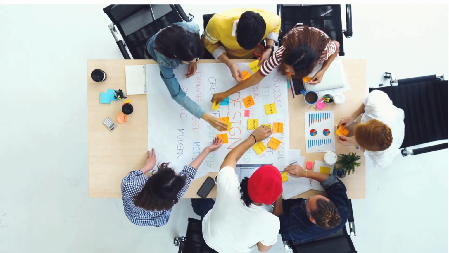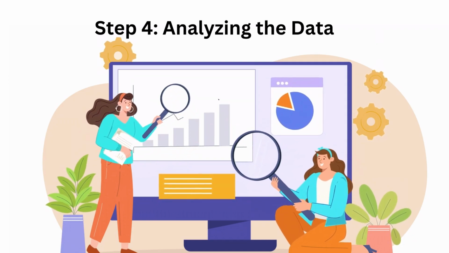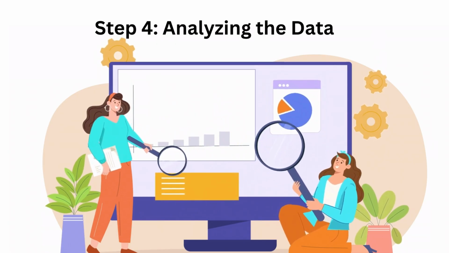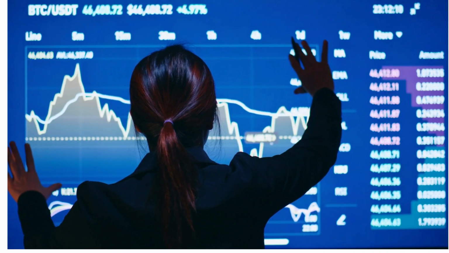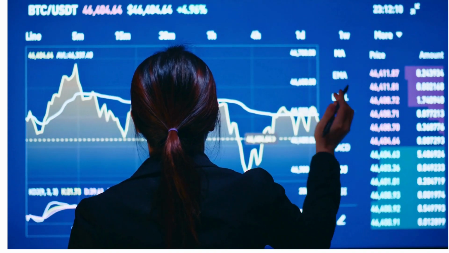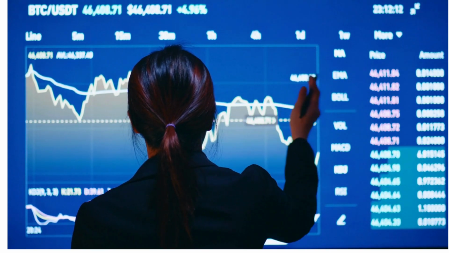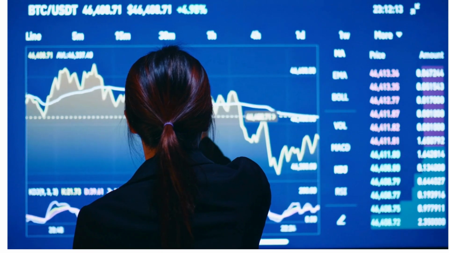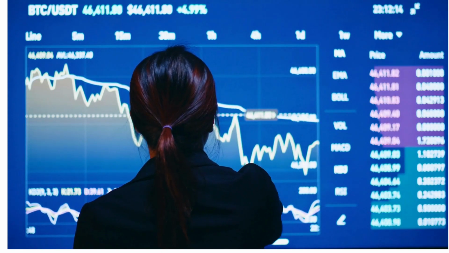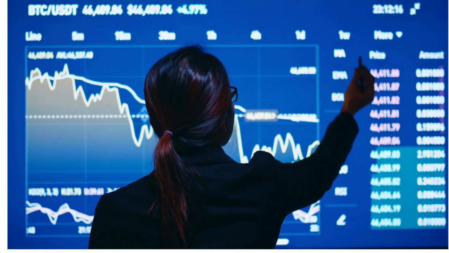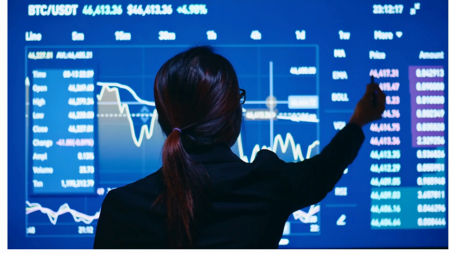Step 4 is analyzing data. This stage is where we apply the appropriate techniques to analyze our data. Common categories of analysis include descriptive, diagnostic, predictive, and prescriptive analysis. For example, in the descriptive analysis, we summarize and describe key characteristics of our data.